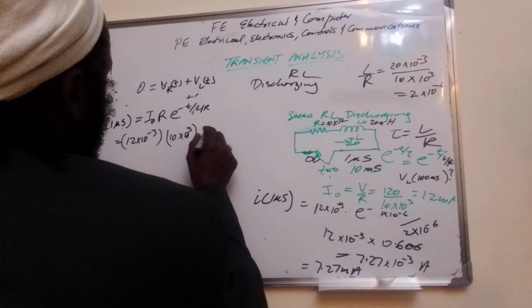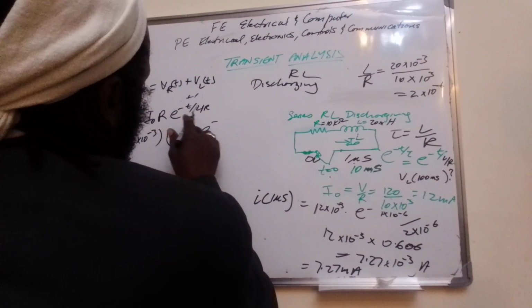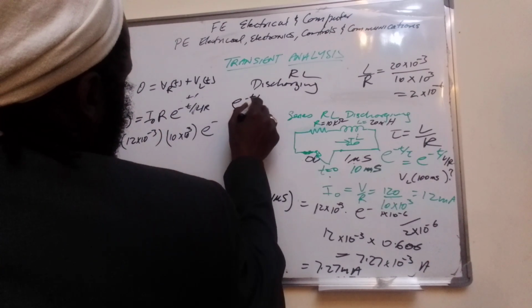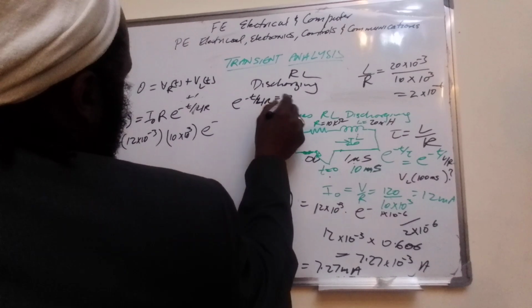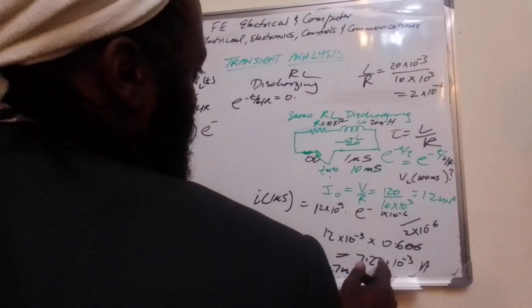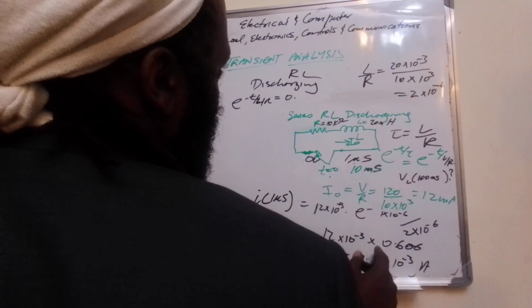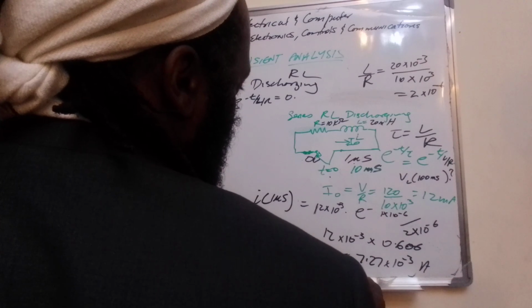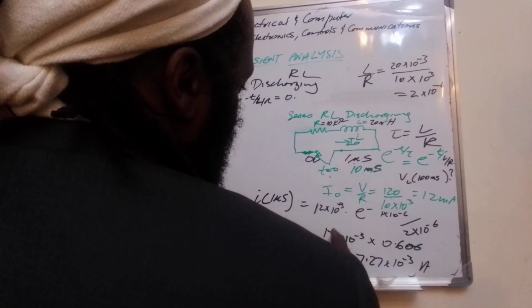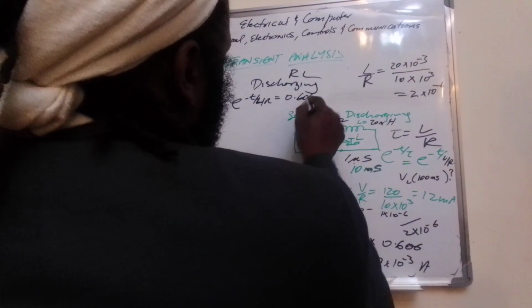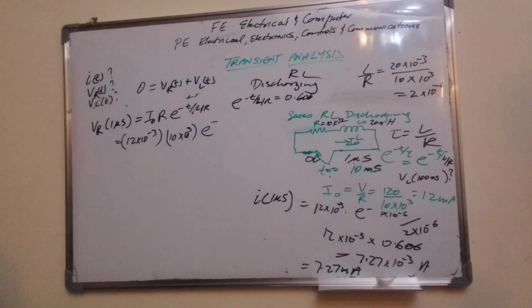Now we have e to the minus, all this can be worked out. Remember we worked this out, we know that e to the minus t over L over R is actually 0.606. That's what we worked out for that piece, 0.606.